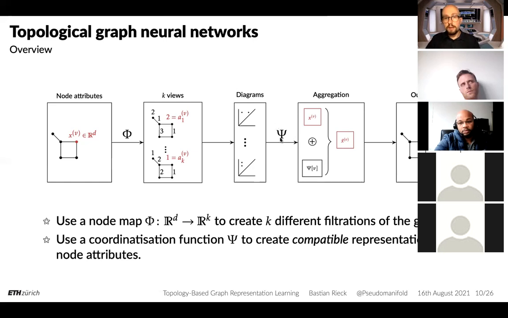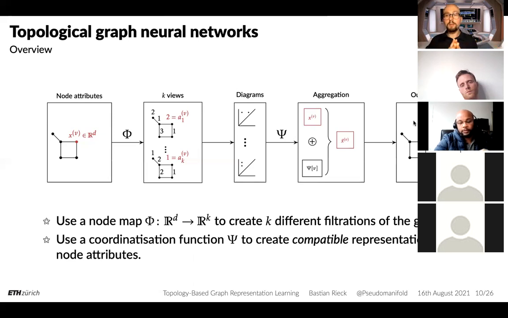So the job of psi is to take one of those diagrams and map it back to a high dimensional space that we can combine by, for instance, summing or by concatenating and so on and so forth, that we can combine with the existing node attributes here to obtain a new node attribute x tilde of this vertex. And this, as you will see, is compatible with the original node attribute. So it has the same dimensionality, making it possible to, as I said, swap out layers for this layer here, and the graph neural network will be none the wiser.